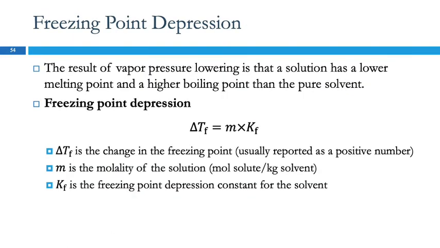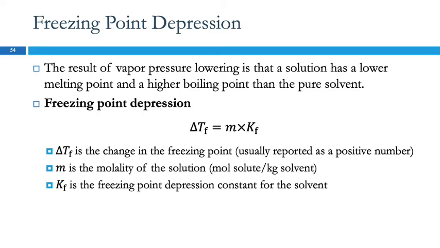Anyway, there's an equation for this, of course. So the freezing point depression, delta TF, that's the change in the freezing point. And I'm sorry about this, but they didn't ask me. They always report this as a positive number, even though the freezing point depression should be a negative number.